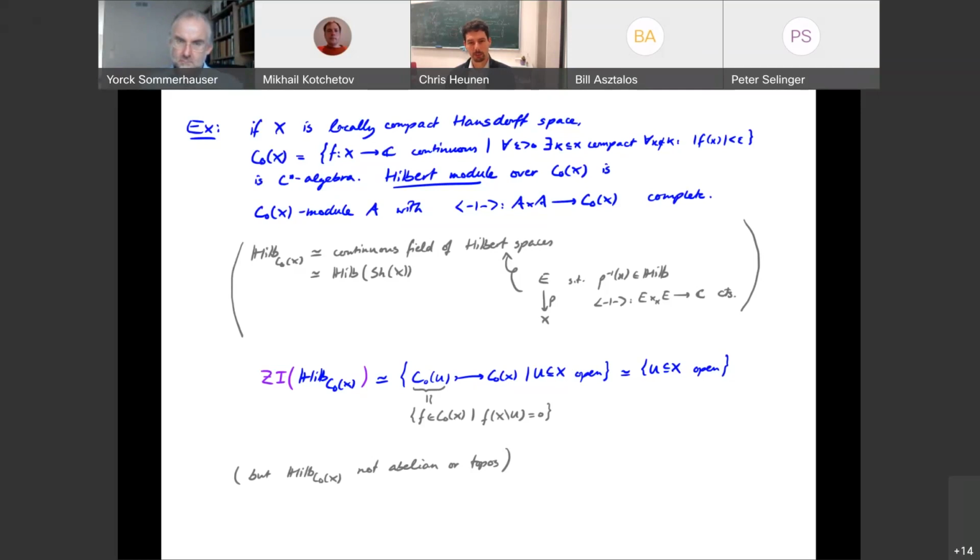So a sequence in big A can be Cauchy in the sense that you would expect. If you take differences of elements far enough in the sequence and take their inner product with itself, that will give you a Cauchy sequence in C_0(X). I want there to be a limit in A that the sequence converges to.